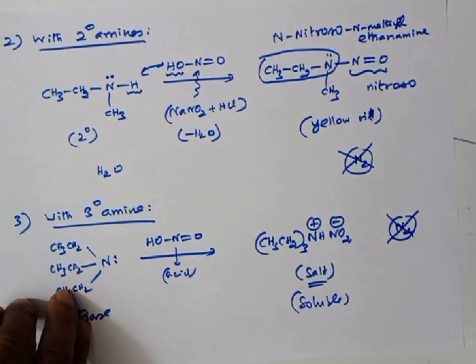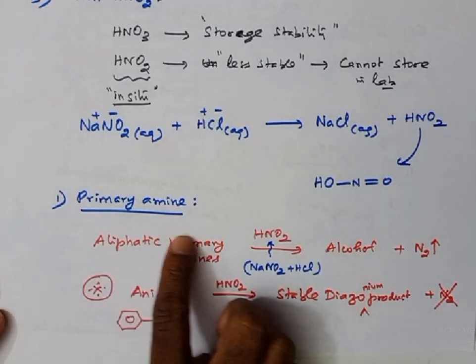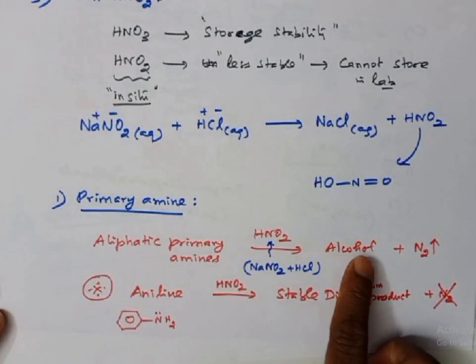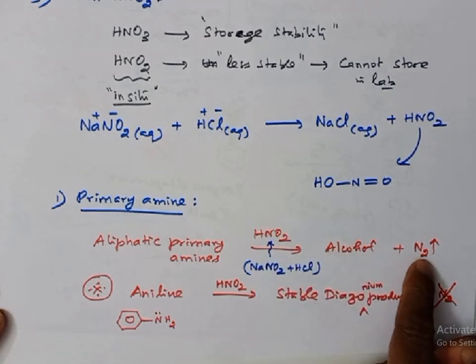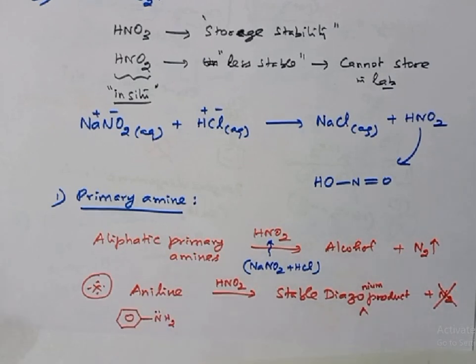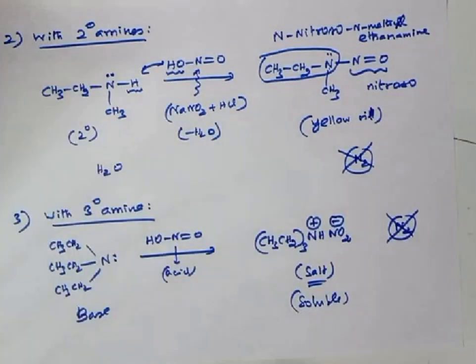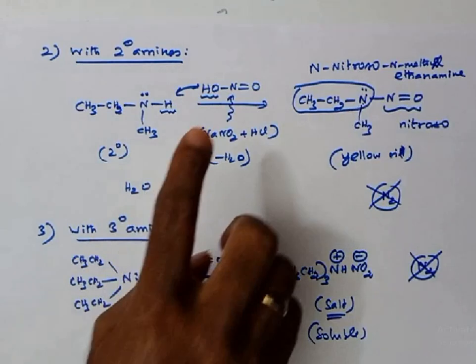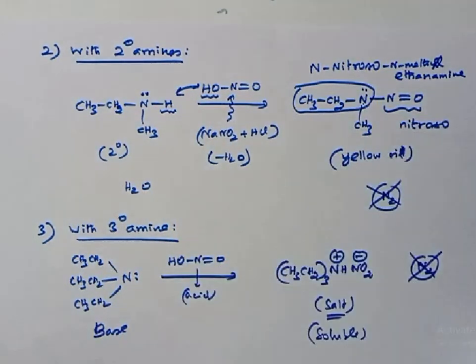Almost all aliphatic primary amines produce an effervescence with nitrous acid, due to evolution of nitrogen gas, and there is an exception, that is aniline. Aniline does not produce any effervescence, because aniline reaction is entirely different. Whereas a secondary amine with nitrous acid forms N-nitrosoamine, a yellow oily liquid formed in aqueous solution, so the solution becomes turbid.